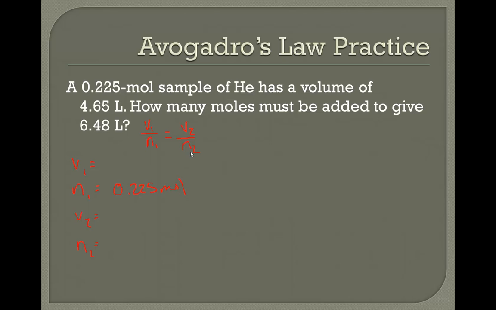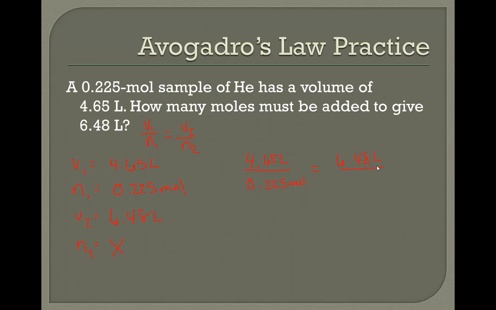How many moles must be added to give 6.48 liters? Alright, so V1 is 4.65 liters. N1 is 0.225 moles. 6.48 liters over X. Cross multiply.